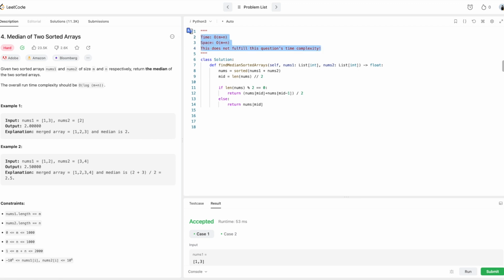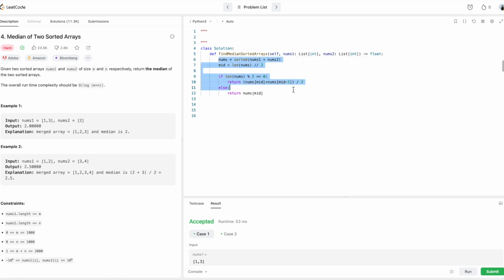So we're going to try to solve this question using a better time complexity, using a modified binary search approach.